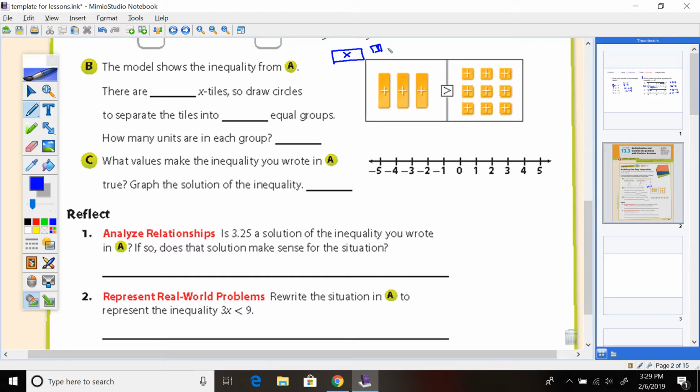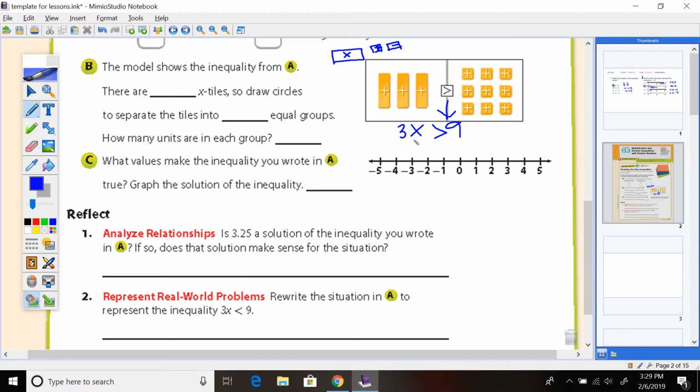If they're red or they're shaded, they usually represent negatives. Knowing that we have 3 right here, that's 3x. Bring down the inequality sign, greater than, and then count those tiles on the right. 1, 2, 3, 4, 5, 6, 7, 8, 9. Now we have 3x greater than 9.